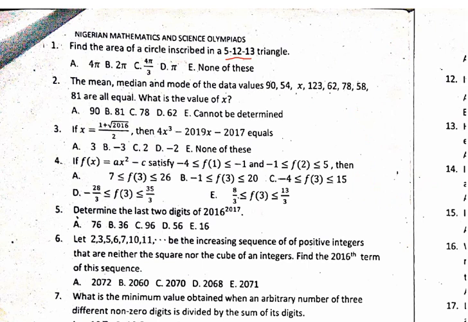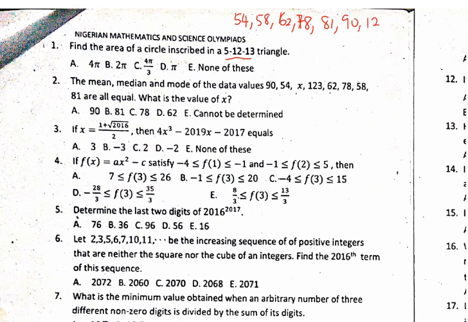So arranging them, we have 54, followed by 58, followed by 62, followed by 78, followed by 81, and followed by 90, and 123.